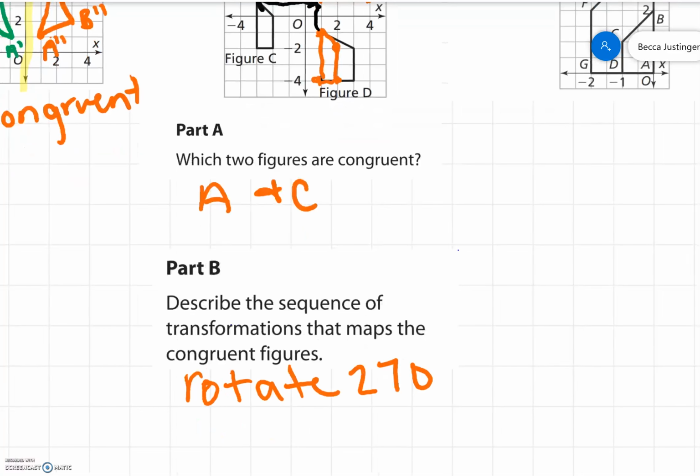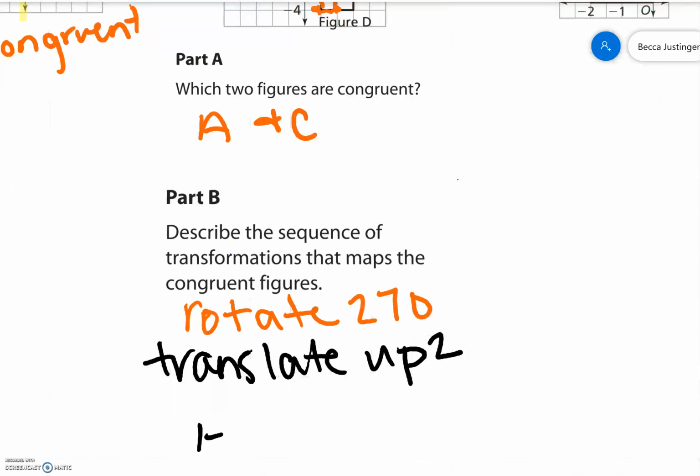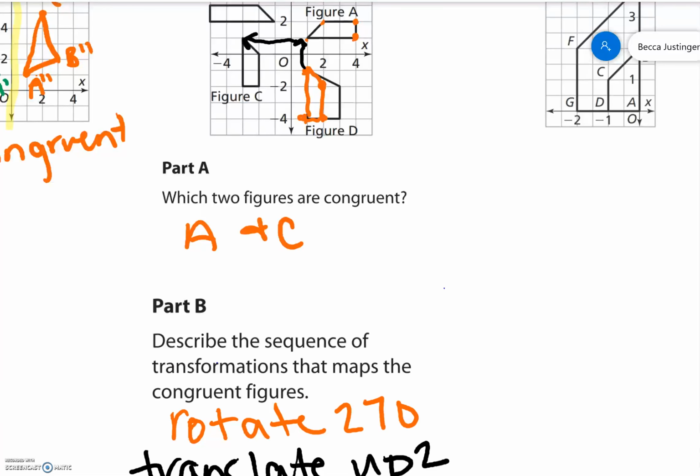So that is a translation. So translate up 2 and to the left 4. Those figures are congruent. They're the same size and the same shape. There's a sequence of transformations that maps figure A to figure C.